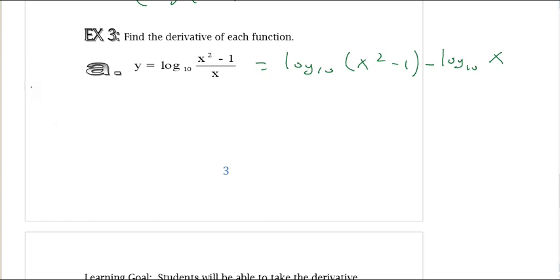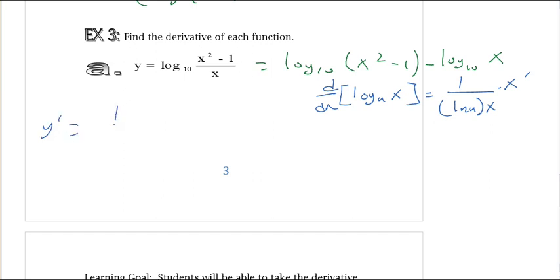So the formula once again is, let me write it in blue, log of base a of x. If I take the derivative, that's just equal to 1 over ln of a times x, times the whole quantity x prime. Okay, let's give it a go. The first one looks like this. Y prime is equal to 1 over ln of 10 times x squared minus 1.